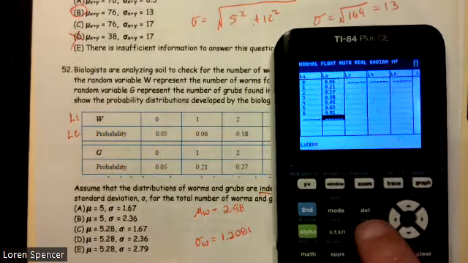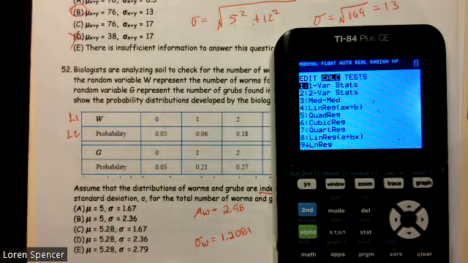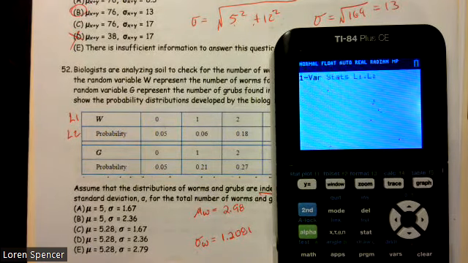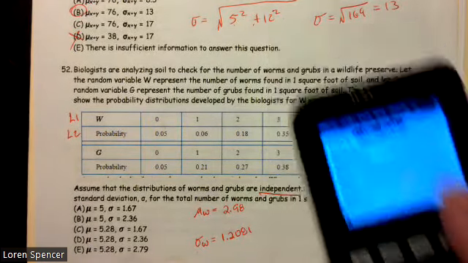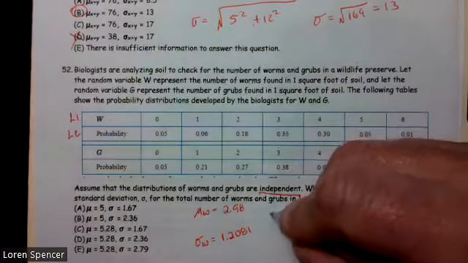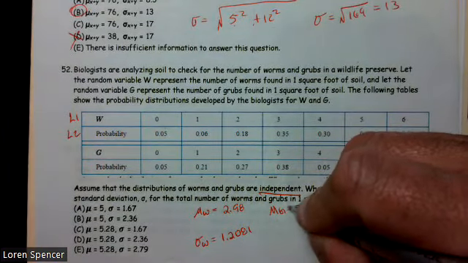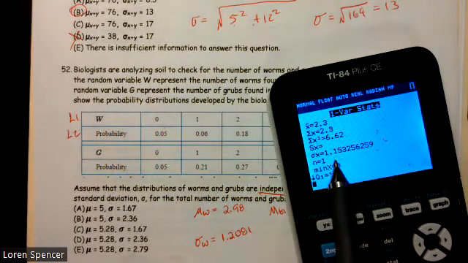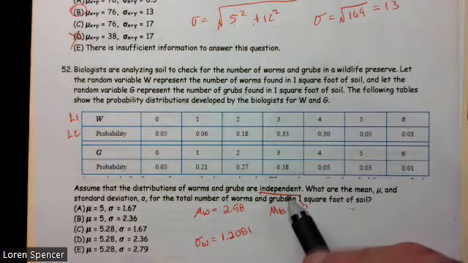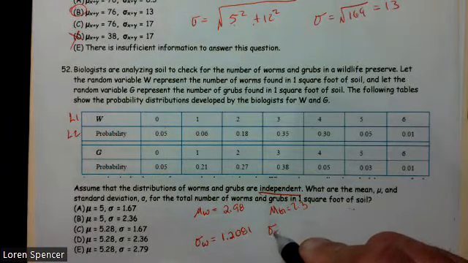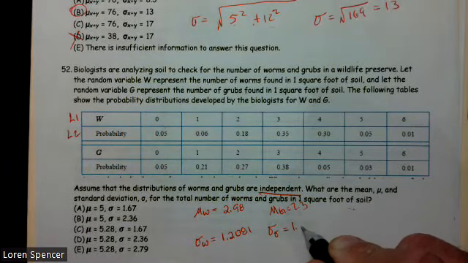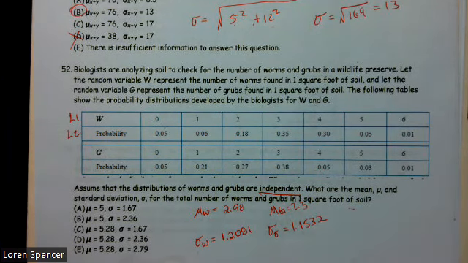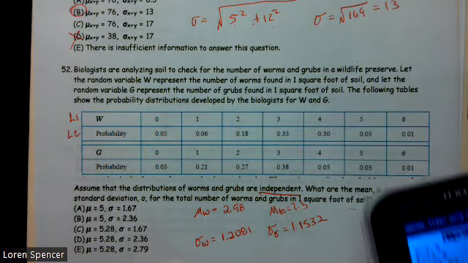Once again, I'm going to press stat, arrow over to calc, press 1-Var Stats, L1, L2, which I already set. I have a mean of 2.3, so the mean for the grubs is 2.3. The standard deviation of the grubs is 1.1532.